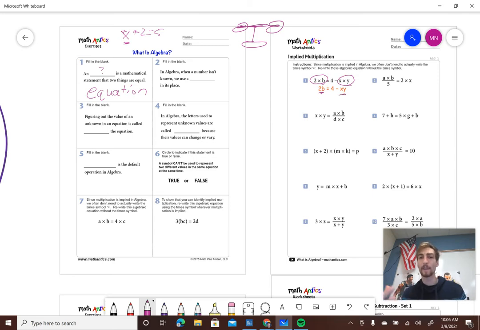Because in algebra, we can just know that the multiplication is implied, meaning that we can assume that when there's a number next to a variable, or two different letters or variables next to each other, like xy, it's just indicating multiplication. It's kind of like a given. So anywhere you see multiplication, you're going to rewrite it without that multiplication. So like here would be xy equals ab over dc. And that's all you have to do.